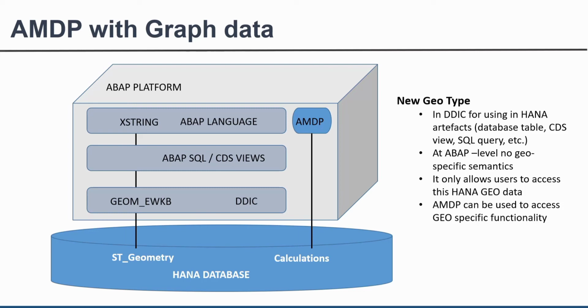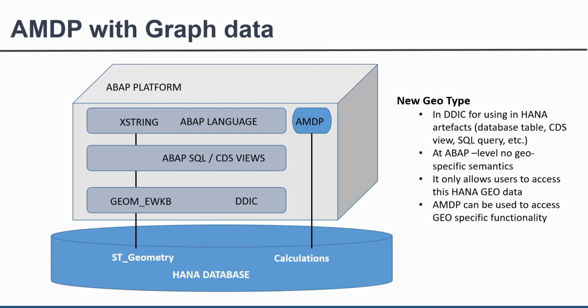So this is nothing but allowing the front end to use the HANA data type. The ABAP platform will help you use the underlying HANA database type in the front end. And then you need AMDP to access this geo-specific functionality, so an AMDP that you create in the ABAP layer can be used to access this functionality.